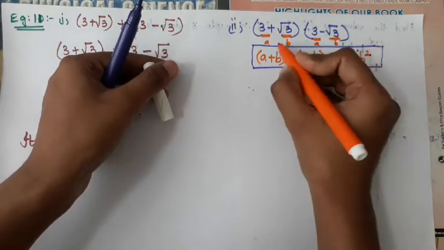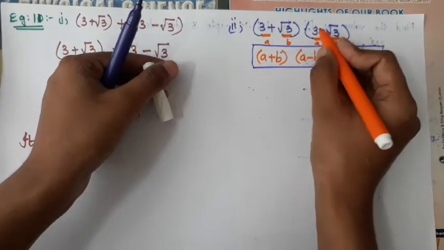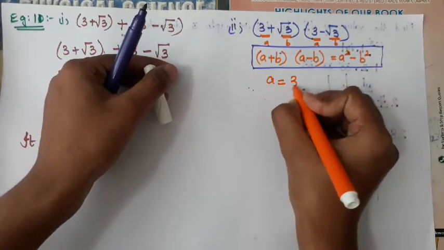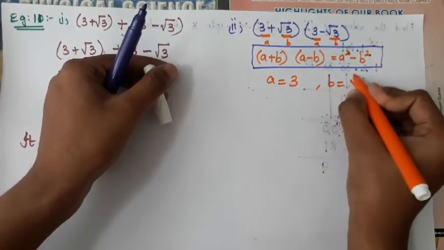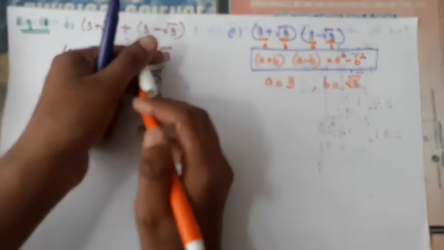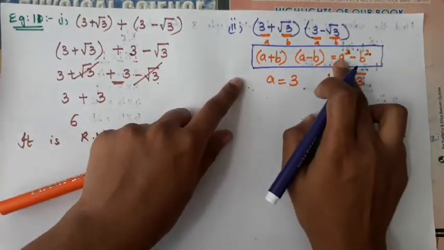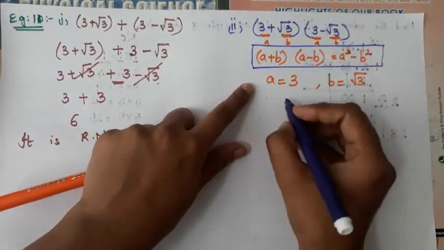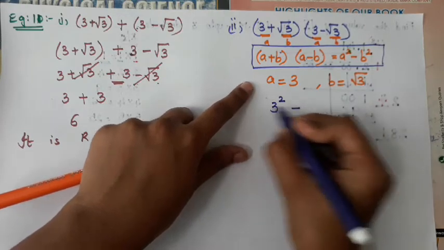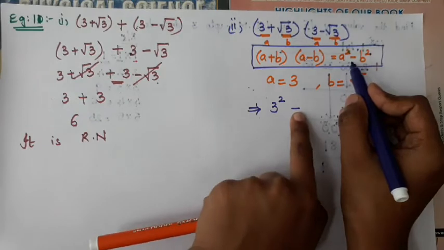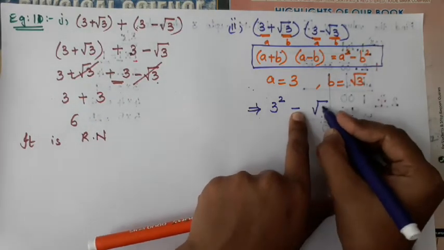So a is equal to 3 and b is equal to root 3. Now what is our answer? A square is 3 square, minus b square, as minus is in the formula, and b is root 3.